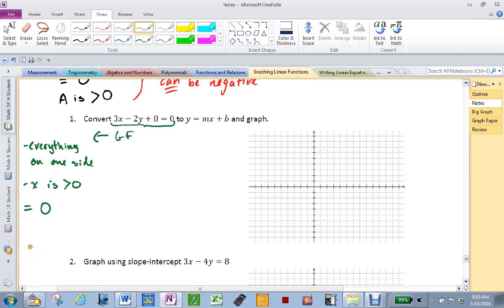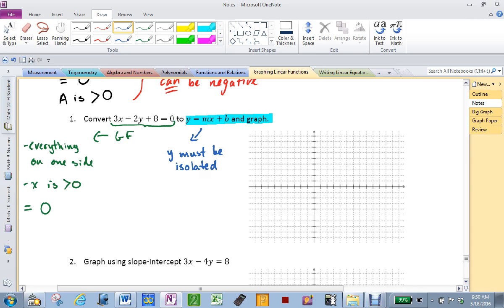What do I need? I need this. So I need to get to this, which means y must be isolated. And that is the only rule, isn't it? As long as y is isolated, are you able to graph that? The only time it gets tricky is if we end up with a fraction. Where?